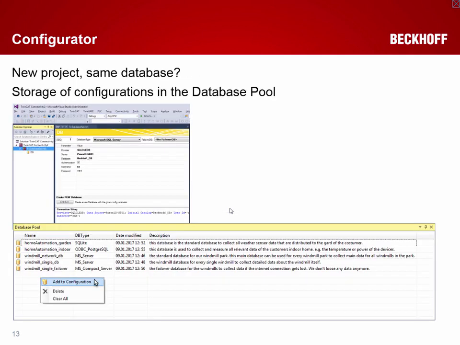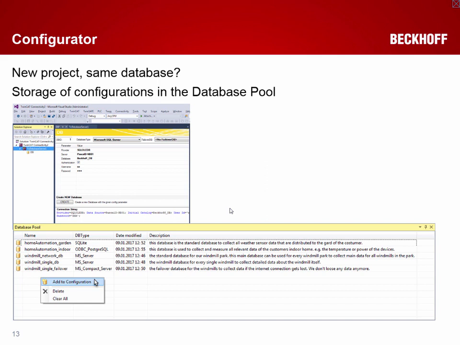A very frequent question in the past was: new project, same database. Yes, that is often the case, especially in big machines where you have more than one controller. For example, you have 5 or 6 controllers, and all these controllers should write data to one central database. And then you would like to have separate solutions with TwinCAT projects and connectivity projects for each controller.